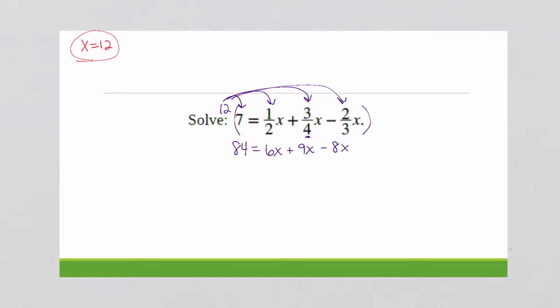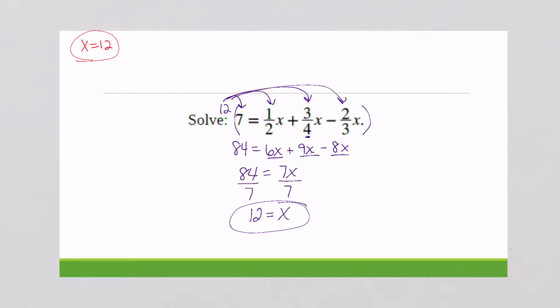So now it went from ugly to not so ugly. So now we can combine our like terms. So you get 84 is equal to 6x plus 9x is 15x. 15x minus 8x is 7x. And then divide both sides by 7. And you get that 12 is equal to x.